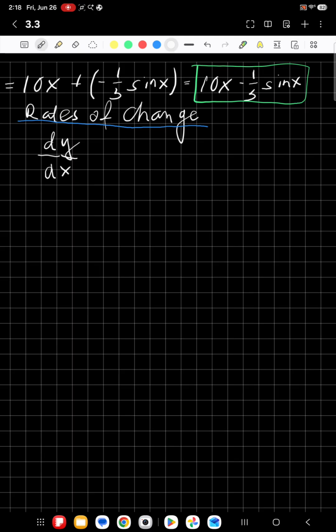It's a derivative, but it also means change of y. So derivative also is change of y with respect to x.